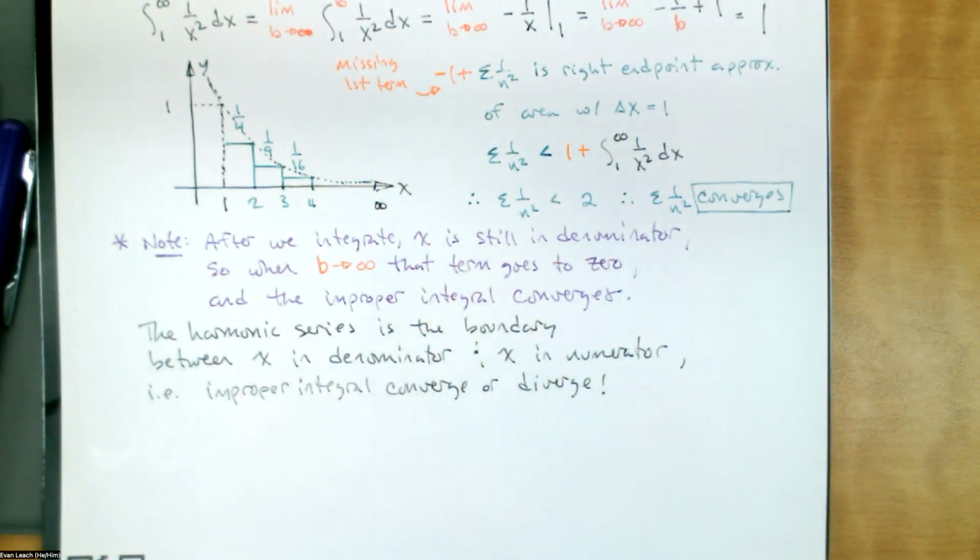So this is why the harmonic series is where we start. It's like the first series that doesn't get to 0 fast enough.